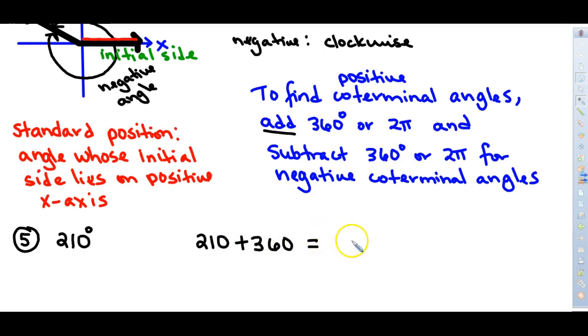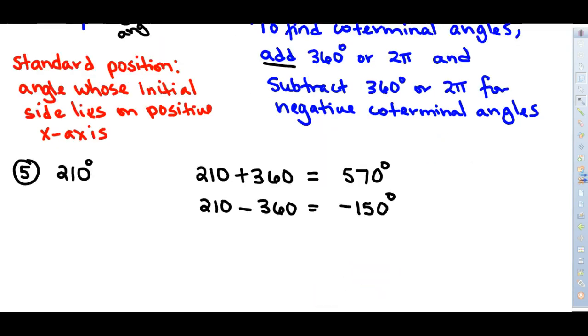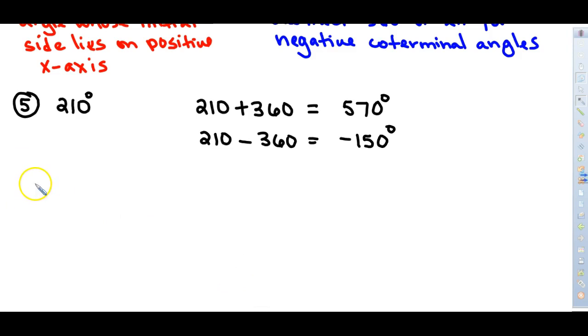That gives me 570 degrees, which is my positive coterminal angle. If I want a negative coterminal angle, I would simply subtract 360 degrees, and so my negative coterminal angle would be negative 150 degrees. It is as simple as that. Most of the time, though, sometimes you run into a little plot twist.